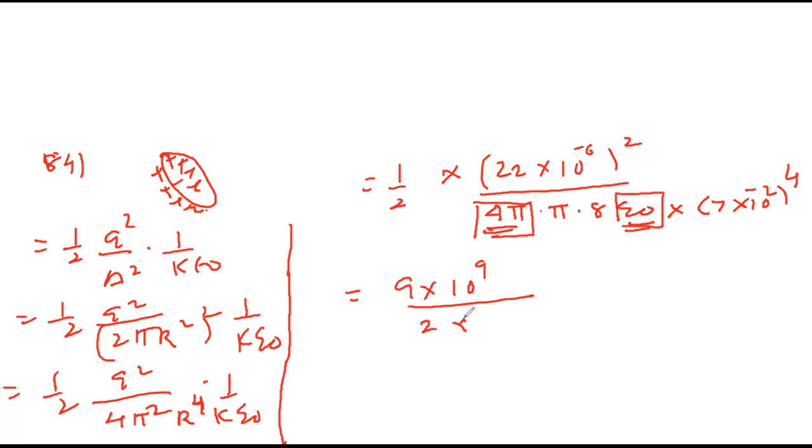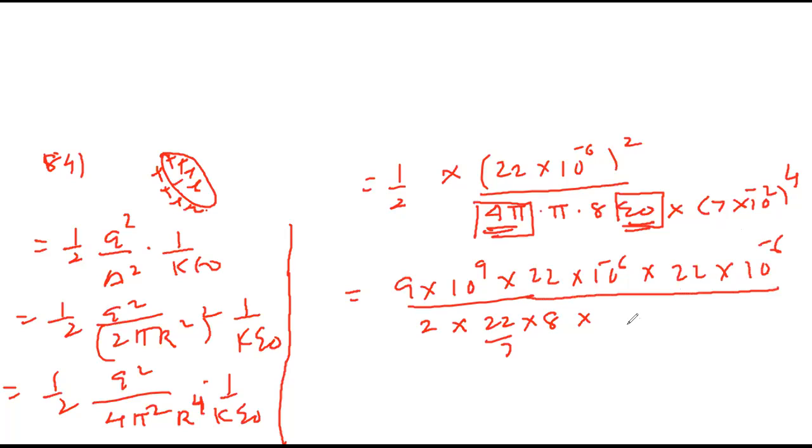2 into pi, 22 by 7, into 8, into 22 into 10 raised to minus 6, upon 7 into 7 into 7 into 7, 10 raised to minus 8. 22 we can cancel. 7 into 7 is 49.